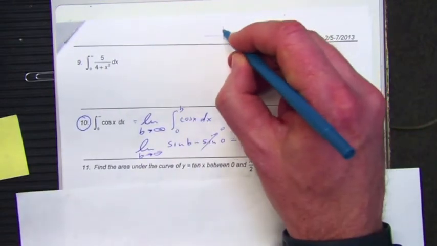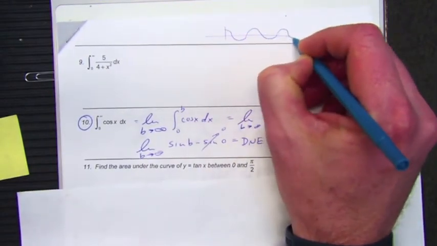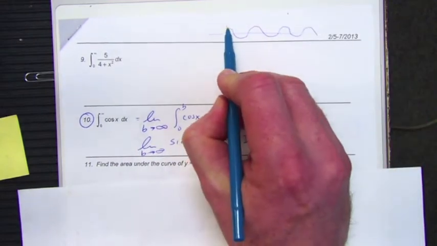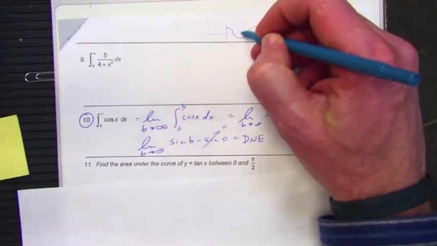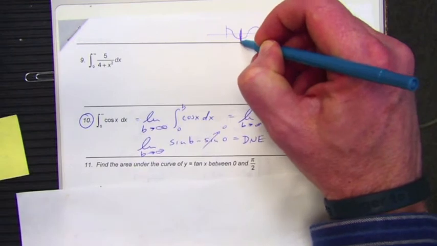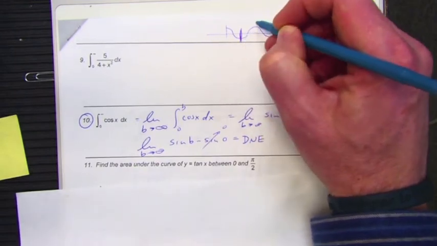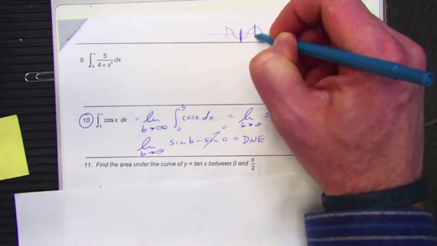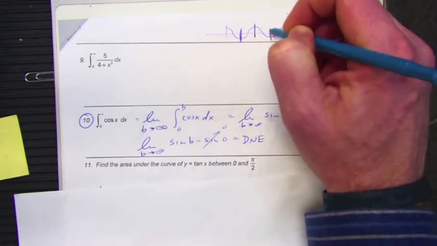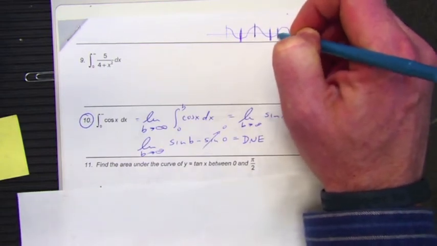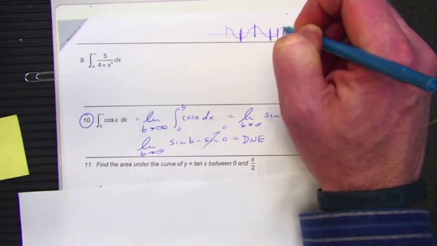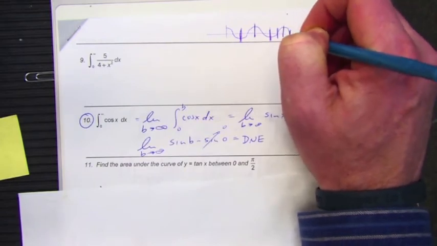I want you to think about it. This graph goes on and on and on, and if you think about that area here, at that point, isn't that area 0? Would you agree? At that point, the area is also 0. Here it's 0. Here it's negative. What's it right here? 0. What's it there? Positive.